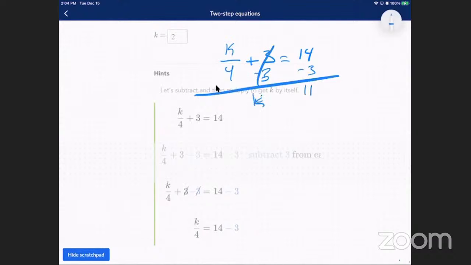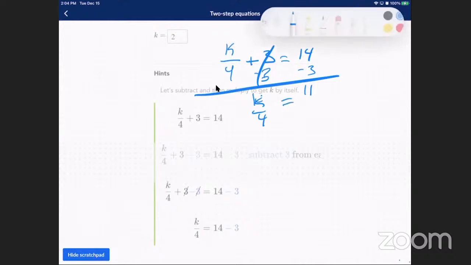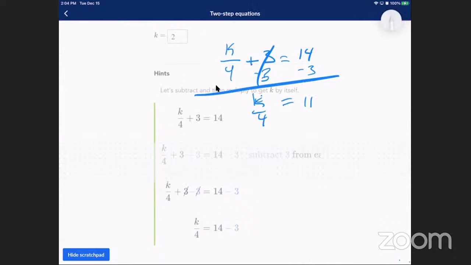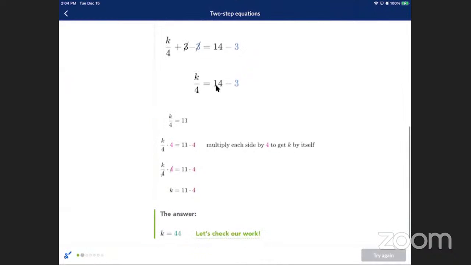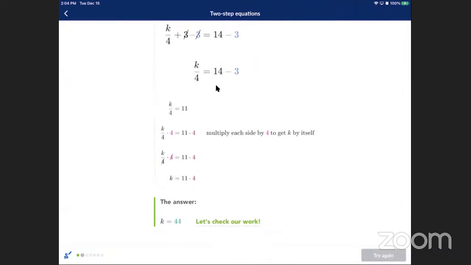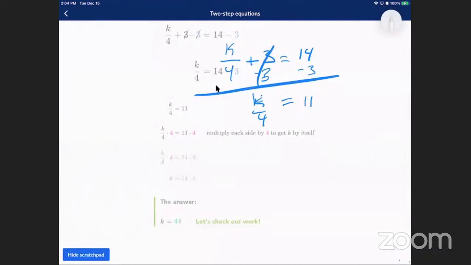And then we have k over 4 equals 11. This is k equals 44. So in order to get k equals 44, we have to multiply 4 on both sides. Now it'll be 44, and it's k.